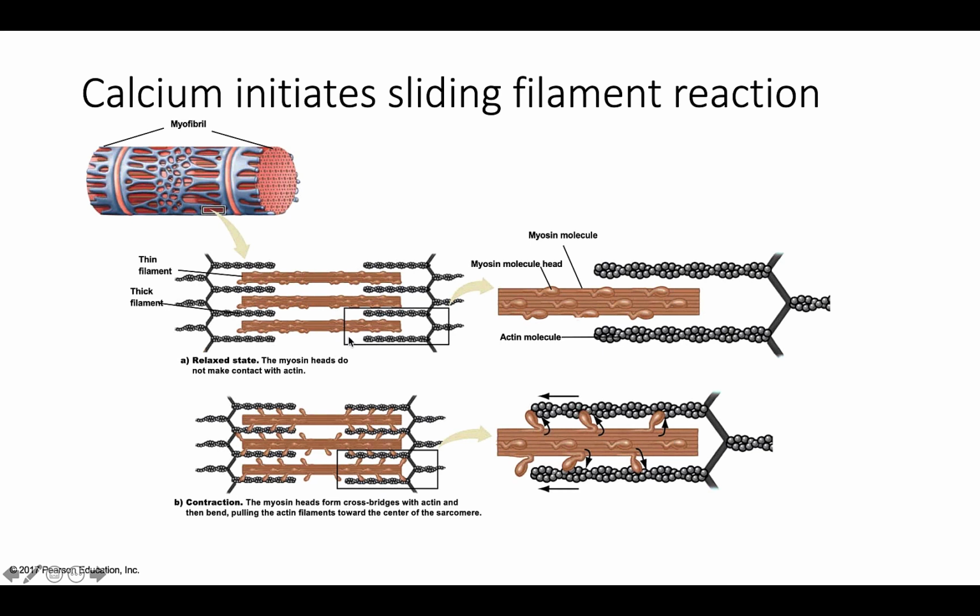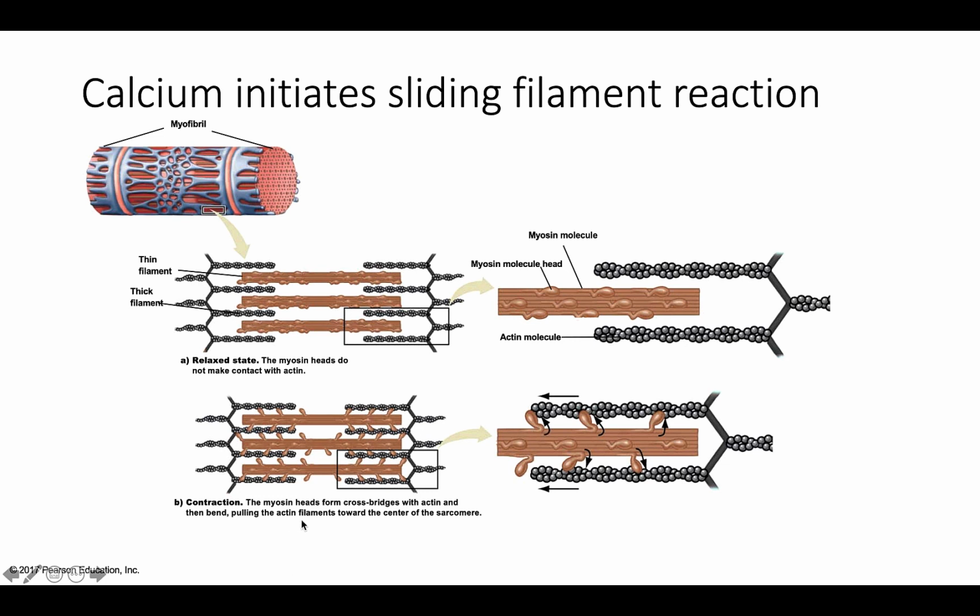But once calcium is released from the sarcoplasmic reticulum, calcium then binds to troponin. The troponin-tropomyosin complex shifts its position, and it allows the myosin binding site on actin to be revealed. The shift in position exposes the binding site for the myosin molecule.